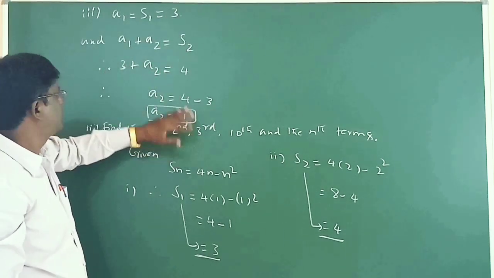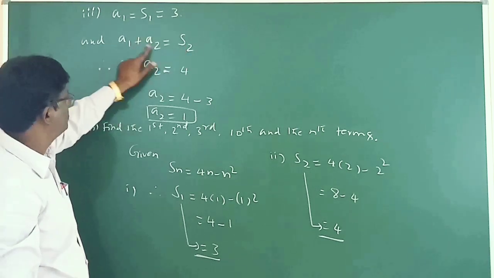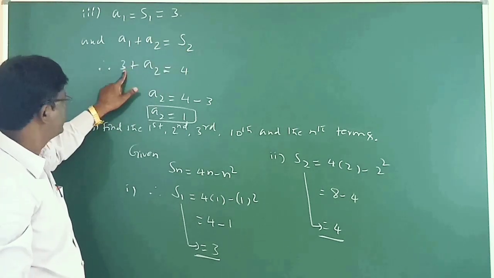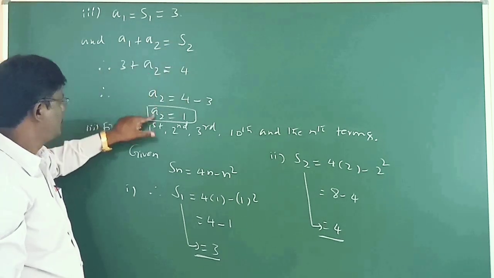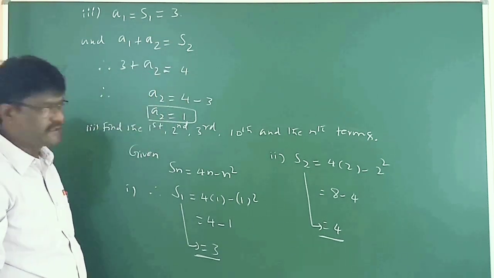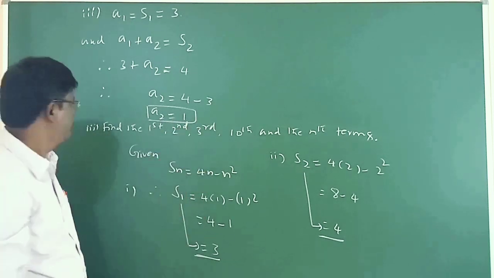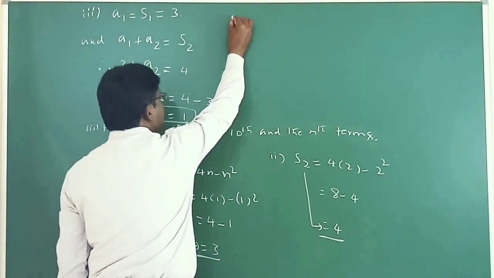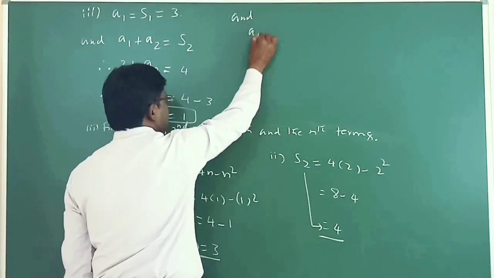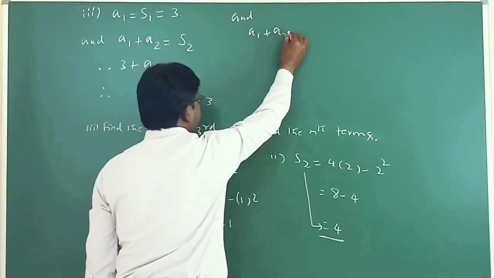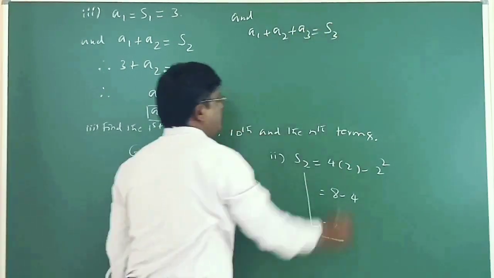To get the second term, we know the symbolic notation of S2: a1 plus a2 equals S2. By substituting the values of a1 and S2, we got a2, which is the second term. And the third term? The third term is also a1 plus a2 plus a3, S3.